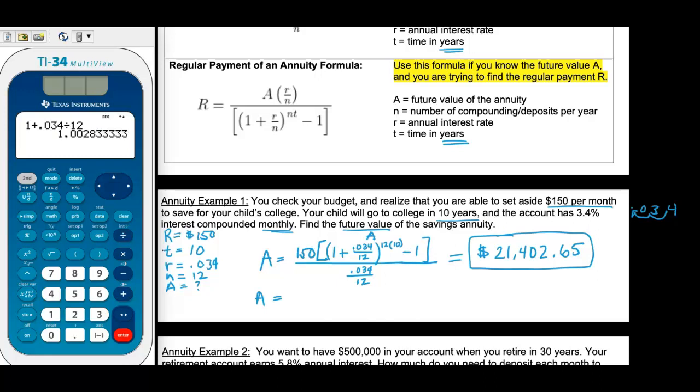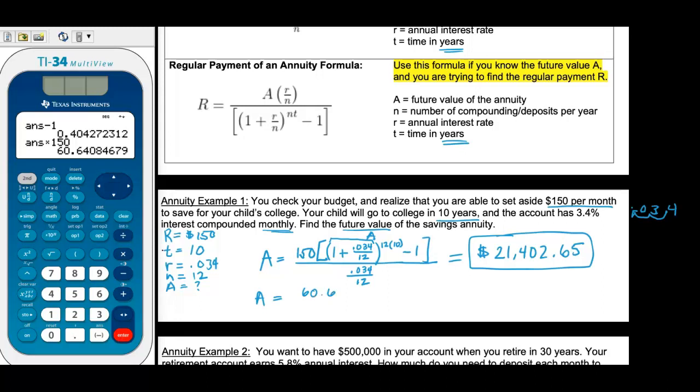This is going to be first, and then I raise it to the exponent. So I'm going to keep that in my calculator, and raise it to the 12 times 10 power, or you could do that ahead of time and just raise it to the 120th power. And then you're going to minus 1, and then multiply by 150. That's going to be the numerator.